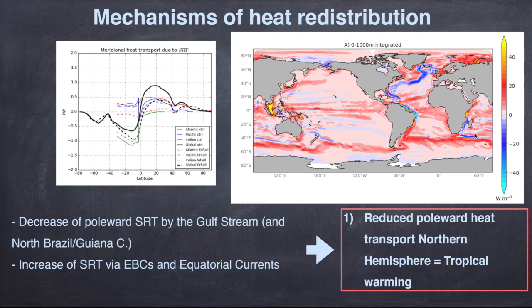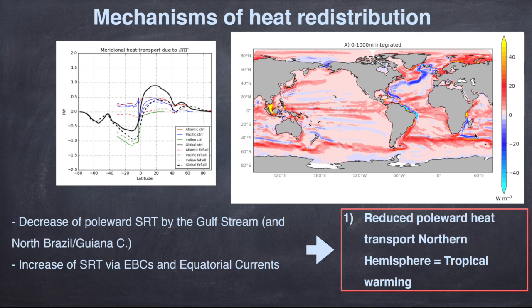So then we investigate further the mechanism of the heat redistribution. If you look at the left plot, the meridional heat transport due to the super-residual transport, you can separate the change in the northern and southern hemispheres, and that is dominated by the effects in the Atlantic basin.